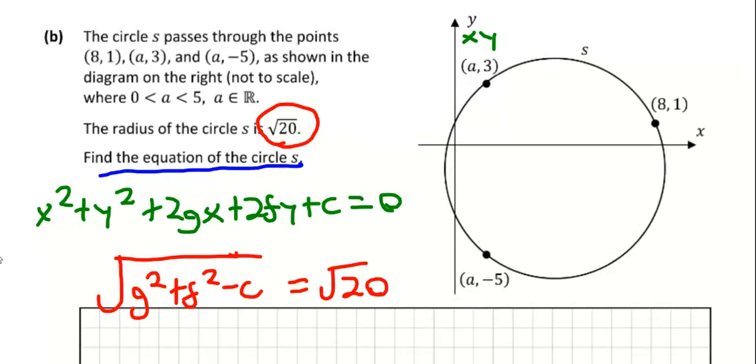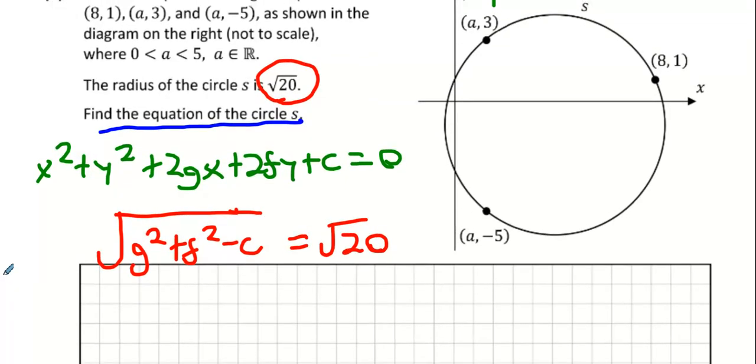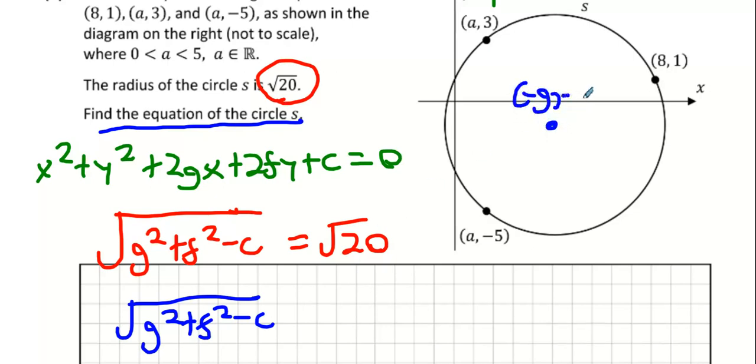Now, if this was like a 15 marker, here's how you get your marks, okay? Ready? So, what we do is the following. We just say square root of g squared plus f squared minus c equals root 20. I don't think there's anything we can do here. There's nothing we can input. Do we know the center of the circle? What is the center of the circle again? It's minus g, minus f. How do I know that?